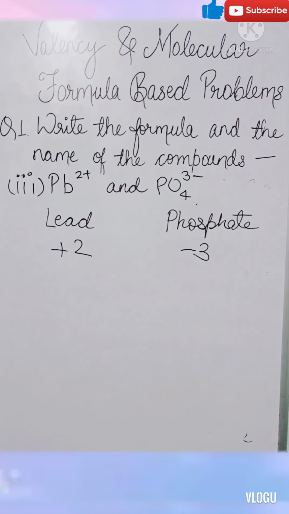Phosphate is in need of 3 electrons, phosphate ion, and lead here has 2 electrons which can be donated. That means we need some more lead ions to satisfy the phosphate ion's need. So let us see here what happens. If you go through the structure, you can just transfer -3 to lead and +2 to phosphate.